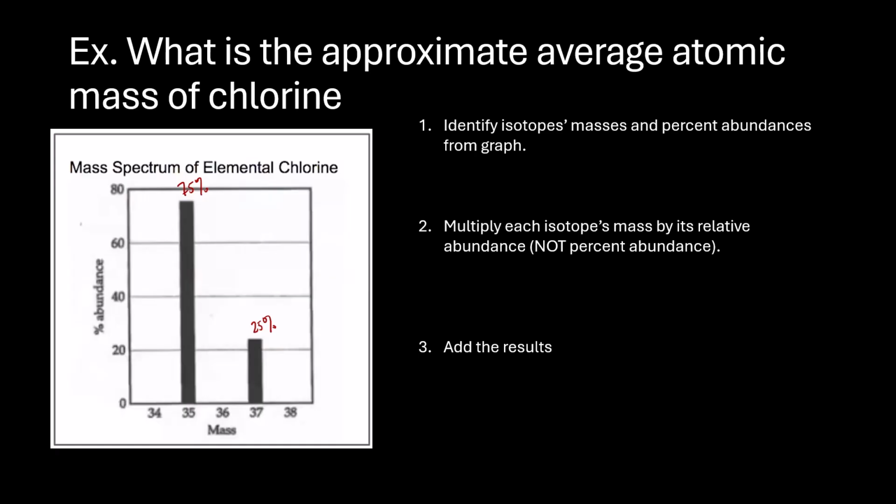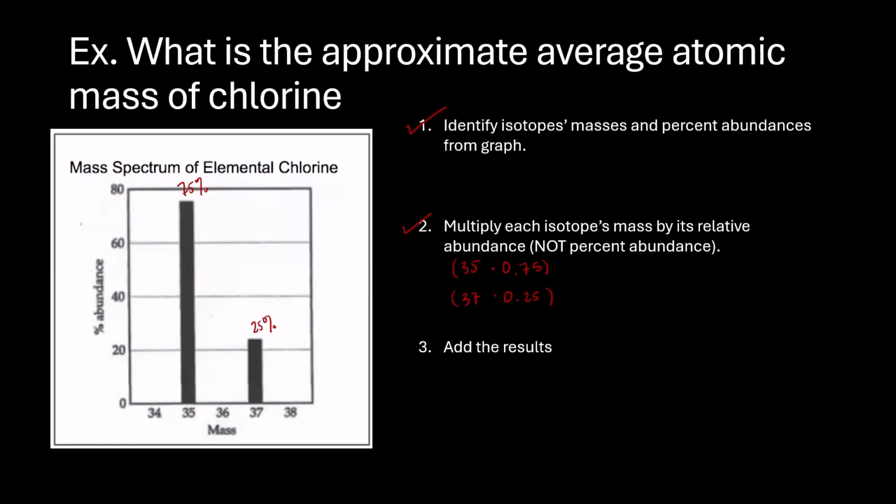And so that's step one. For step two, I'm going to multiply each isotope. So we have 35 times its relative abundance, not its percent abundance. So I'm going to change that 75% into 0.75. And I'm going to multiply 37 by 0.25. And then you're going to add those two results.